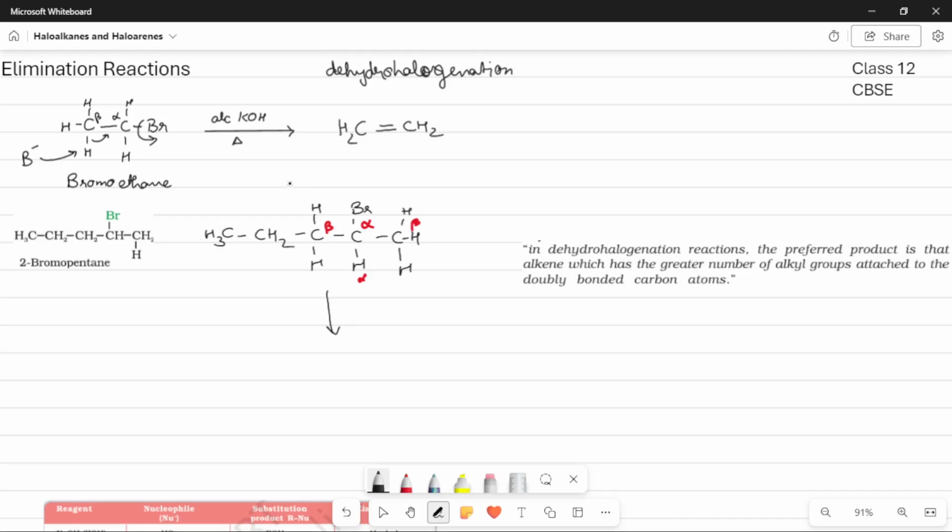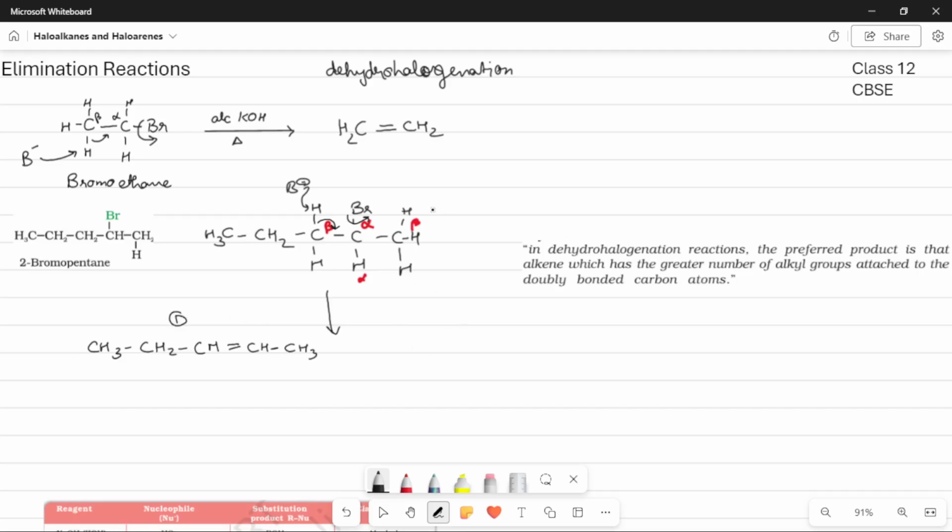So it could be the base coming in and attacking this hydrogen, this shifting, and then this getting kicked out, right? So that product is going to be CH3, CH2, then you'll have the CH, double bond, CH, and you'll have a CH3. This is product number 1.